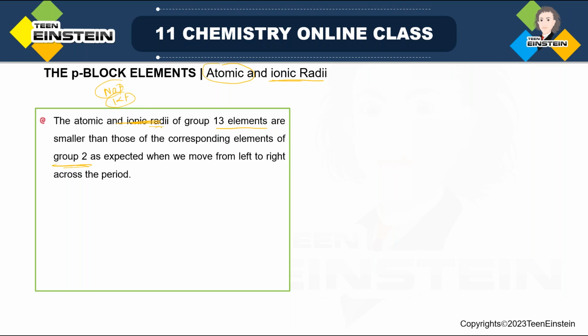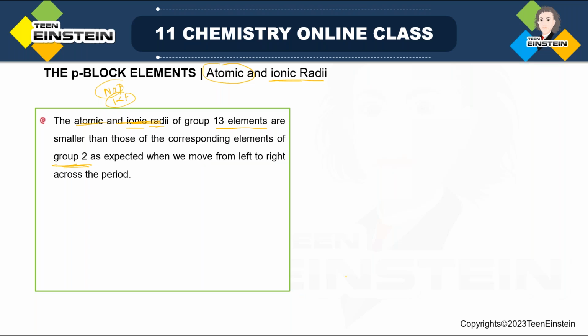So better we consider only the atomic size when we are comparing with group 2. Because when I say ion, it may also be an anion. As we know, in the p block there are non-metals, so sometimes they can also have a negative charge. Though for group 13 negative charge is not so common, it is still better we do it only for atomic size.